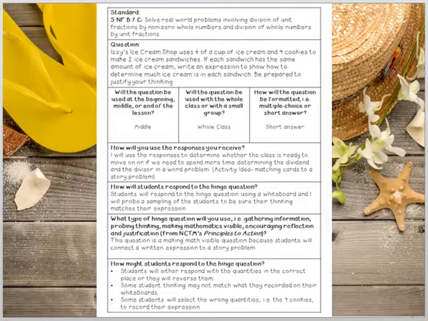So here's how I'm thinking students will respond. Of course, I will have students that have the correct expression, and students that don't will typically have the two quantities reversed. That's certainly a response I'm expecting to see. And then some of the student responses may not match what they recorded on their whiteboard, and so that's also something I want to investigate.